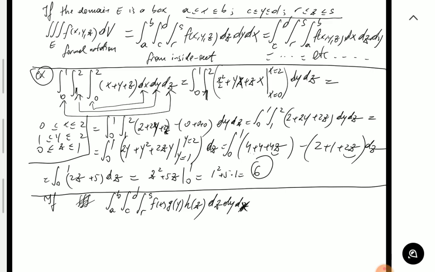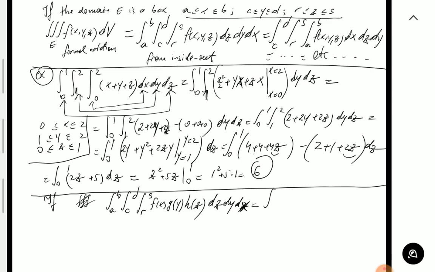So if you have a domain in the shape of a box and you can factor this function to integrate in a product like this, then the triple integral becomes the product of three Riemann integrals for the functions in x, y, z.